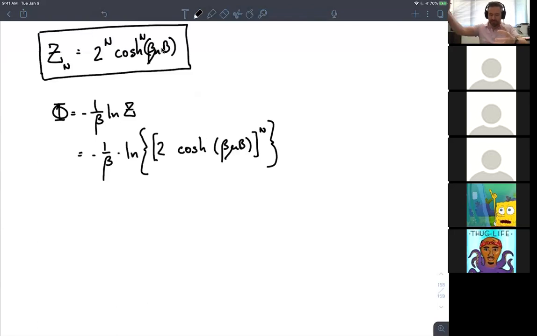I essentially just factor that exponent out, so I have the bracket raised to the power n. And because of the lovely properties of logarithms, I can take that exponent and pull it out front. So I get minus n over beta times the logarithm of 2 cosh beta mu b. There it is. That is our free energy.